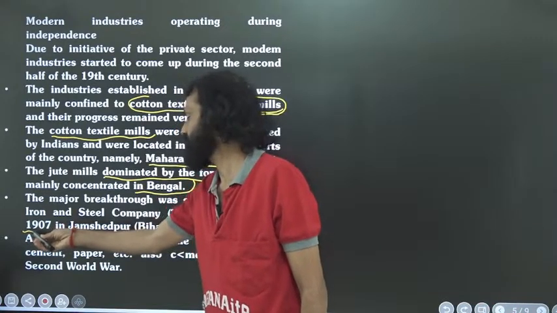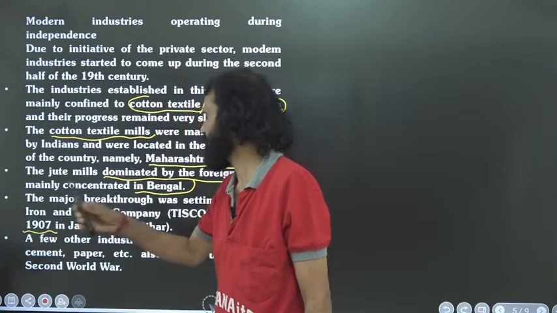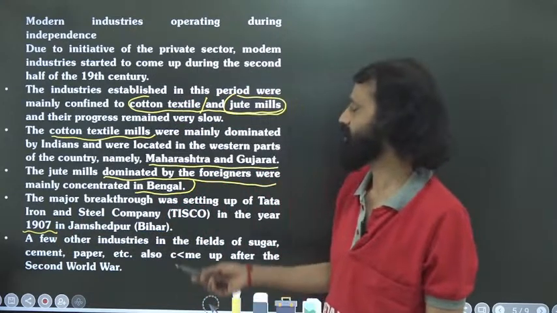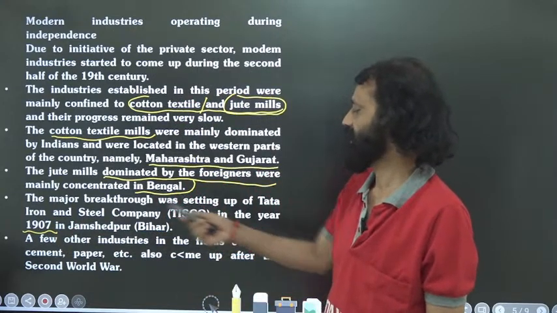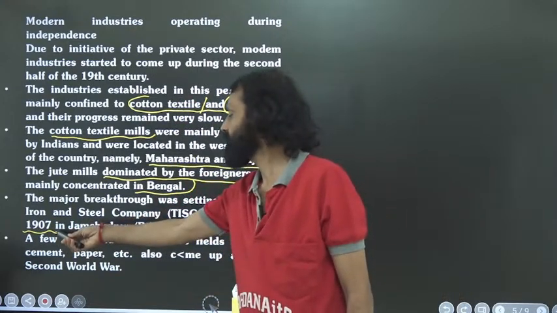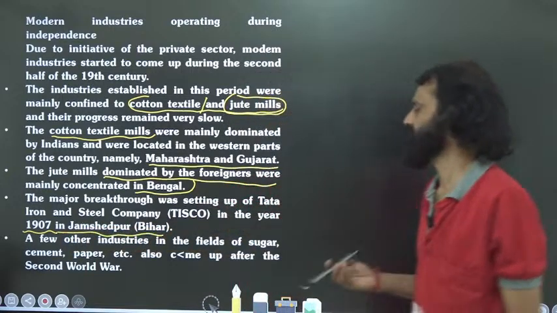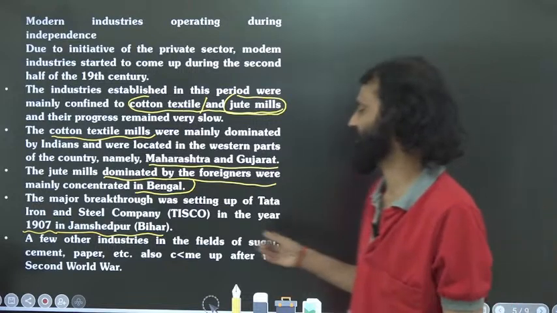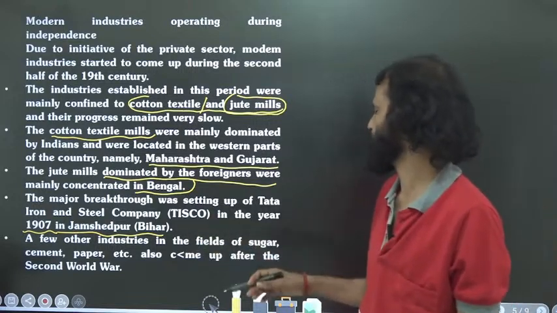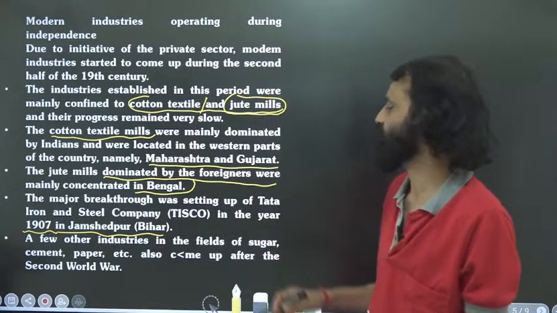Where did Tata first start the Tata Iron and Steel Company? It started in 1907 in Jamshedpur in Bihar. A few other industries in the fields of sugar, cement, paper, etc. also came up after the Second World War.